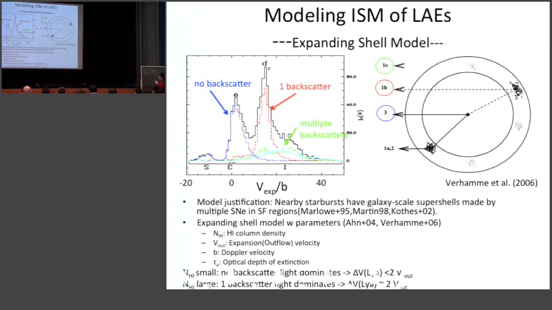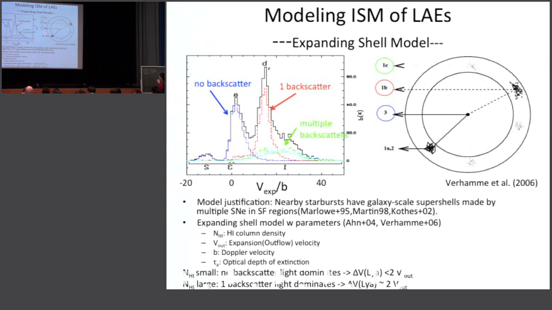And the interesting feature of this model is that if you have a high neutral hydrogen column density, then you have more backscattered light. In other words, you have more red-shifted component, like the velocity offset of the Lyman-alpha is about twice the outflow velocity.